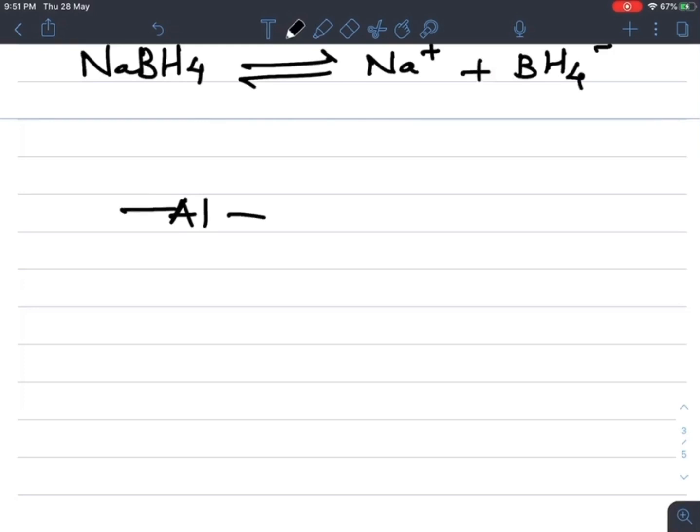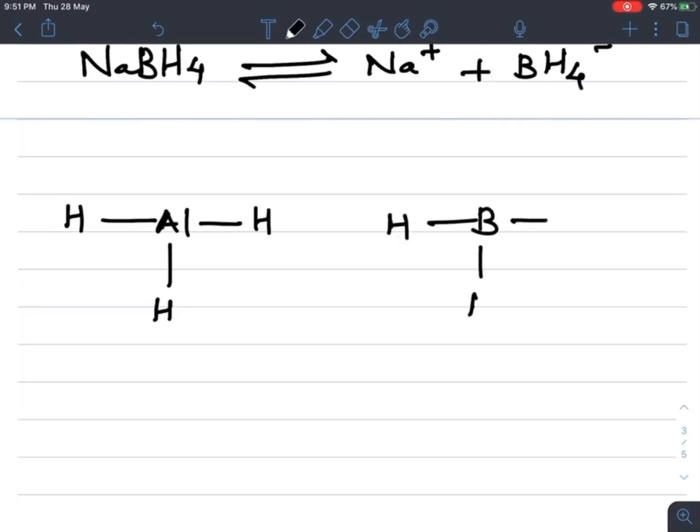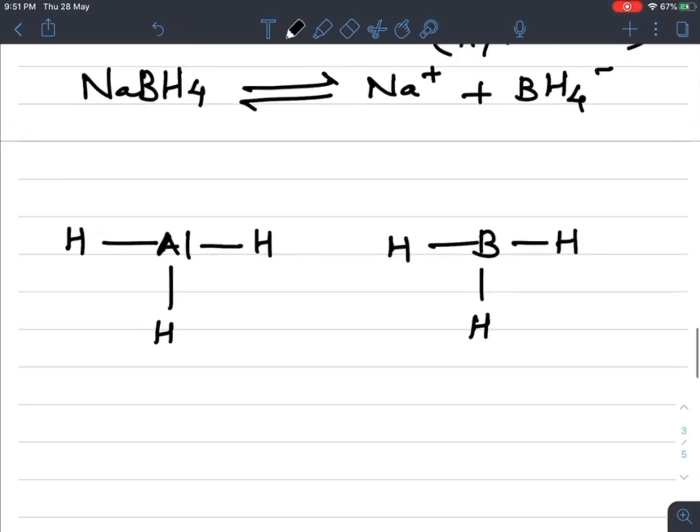According to valency, aluminum forms 3 covalent bonds around itself, AlH3 actually, or boron forms BH3. You already studied this in the 15th group element, 13th group element.